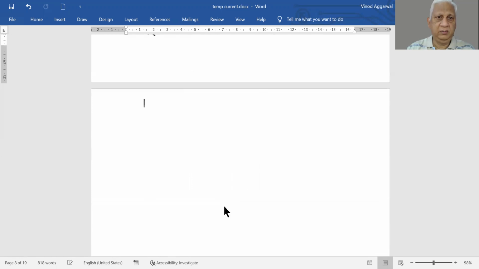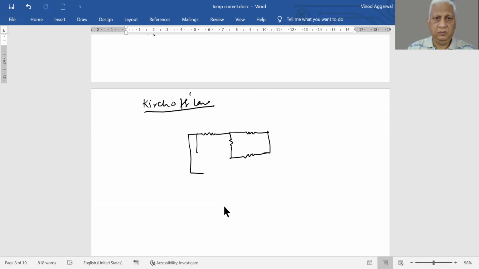Now next is Kirchhoff's law. What is Kirchhoff's law? It says that, let us say you have a network of resistors, components, and a battery connected.